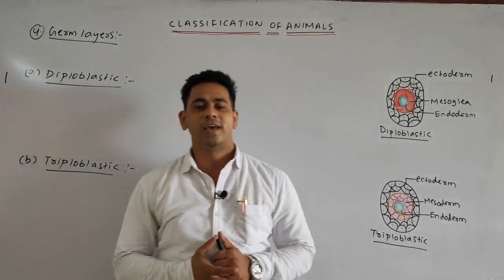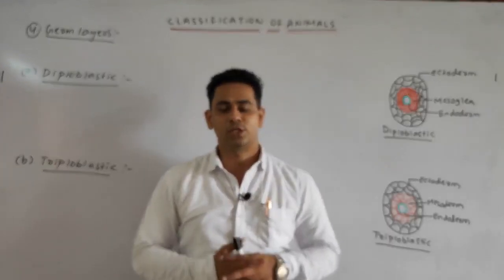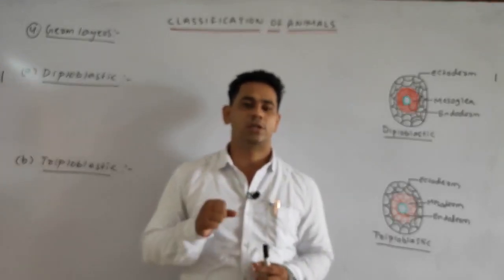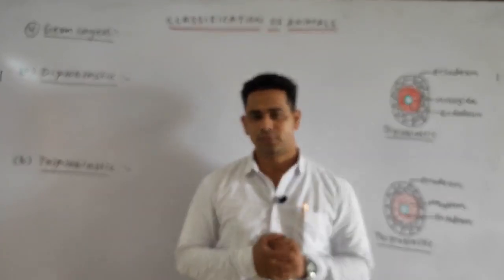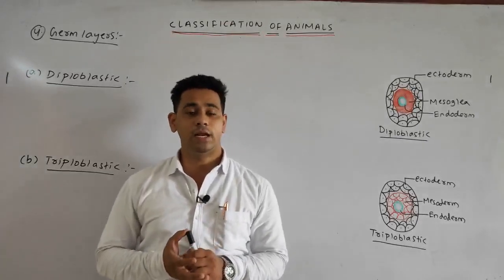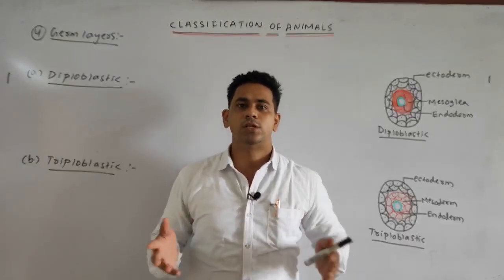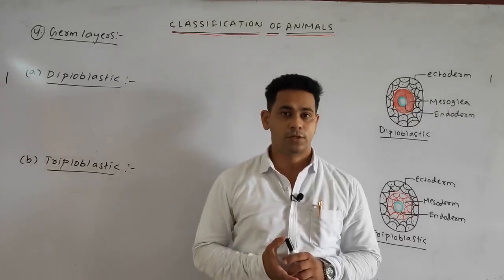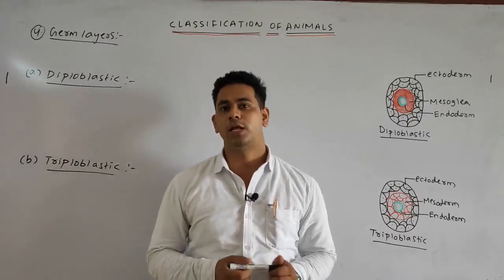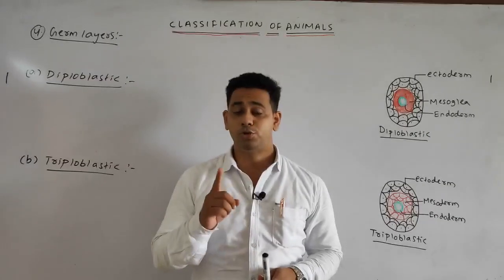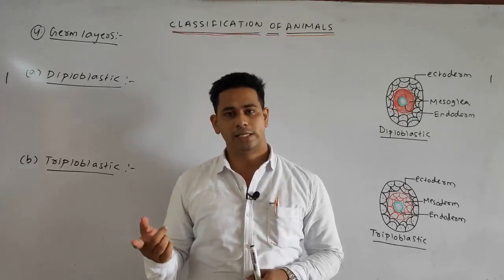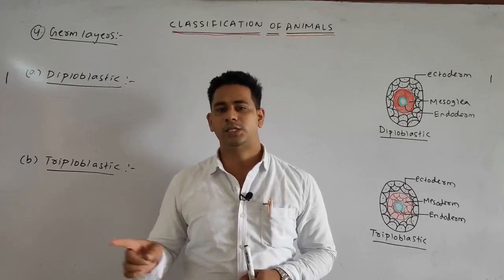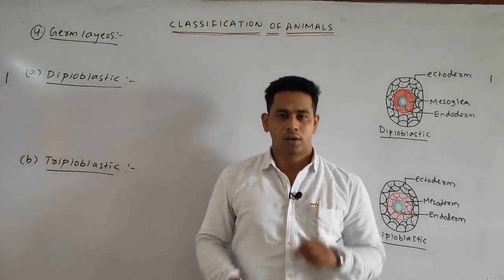Hello students, in the previous class we discussed the classification of animals part 1, in which we discussed various levels of organization. First we discussed the cellular level of organization, next the tissue level, and further the organ and organ system level of organization.